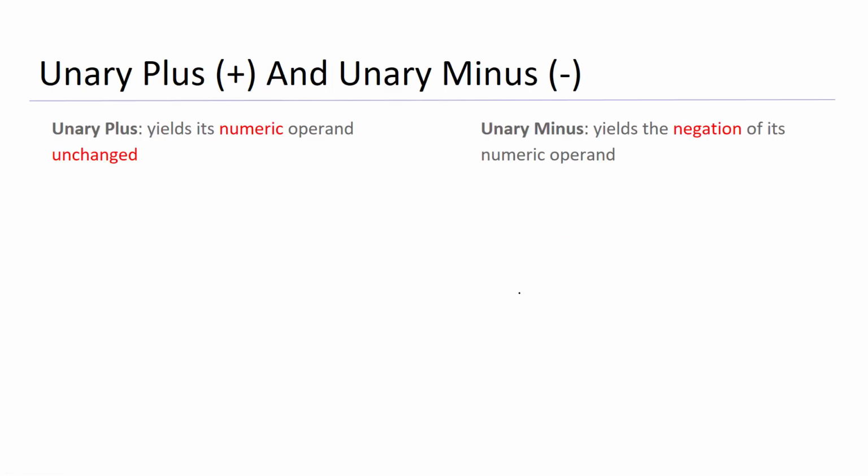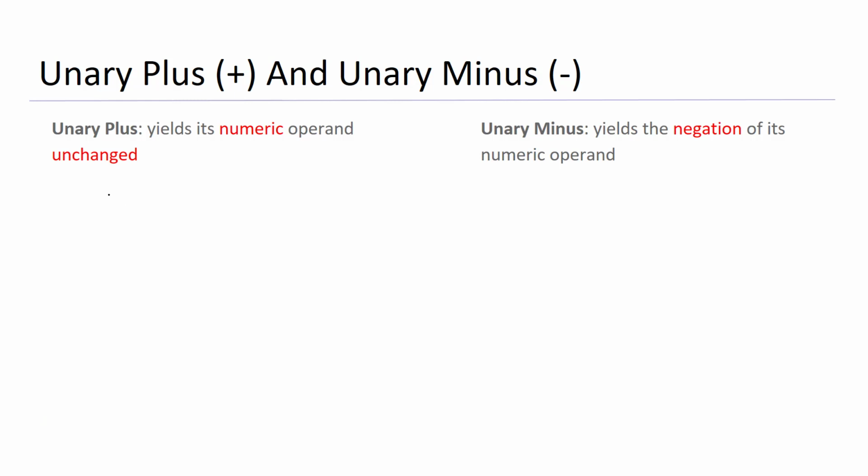As we have seen in the previous slide, the two prime examples of unary operators are the unary plus and the unary minus. The unary plus basically yields its numeric operand unchanged, so it doesn't make any changes to its operand. Consider, for example, the following statements.